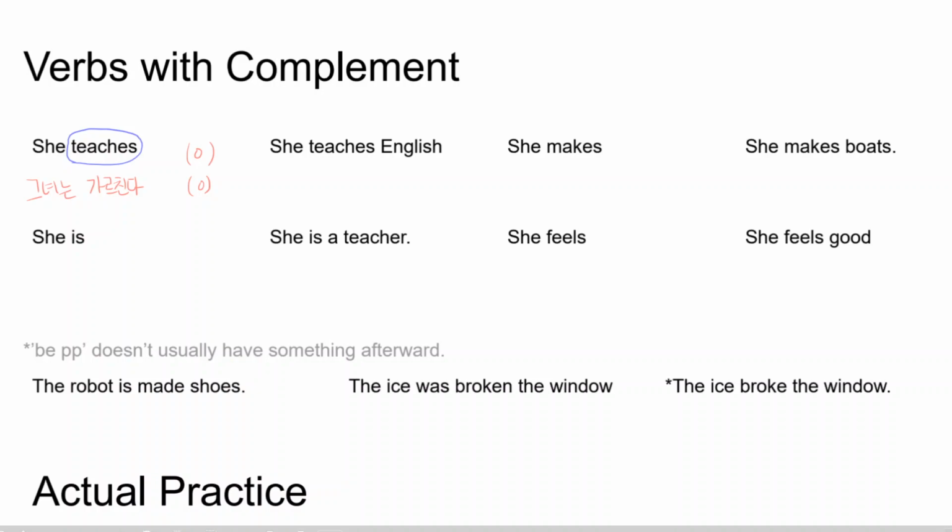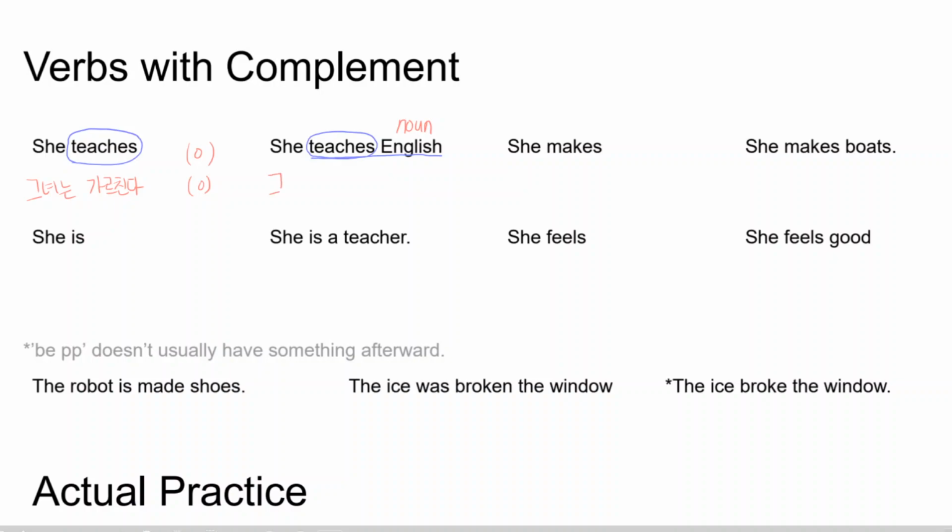In this case, the sentence is she teaches English. So we have teaches, but at the same time, we have English. They are connected together, okay? So we have a complement. This time, we have a noun as a complement, right? So what does this sentence mean in Korean?